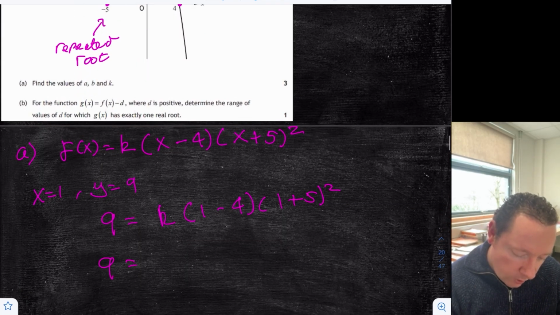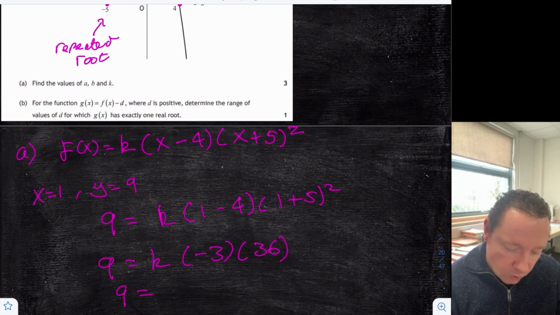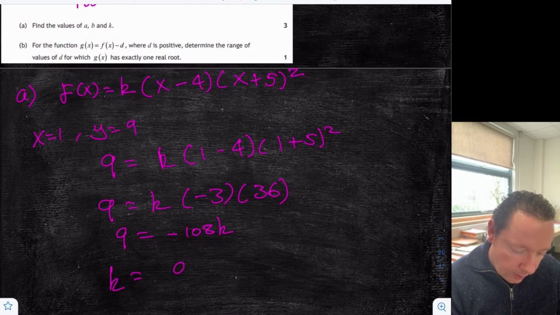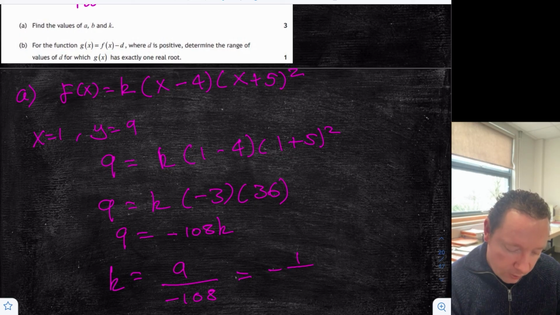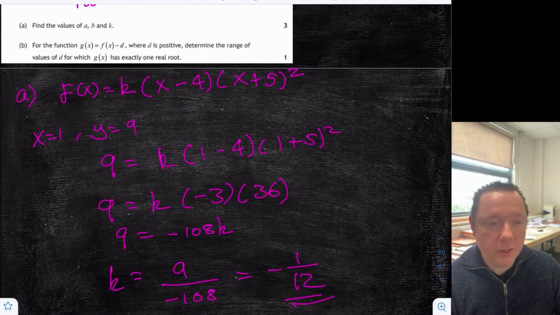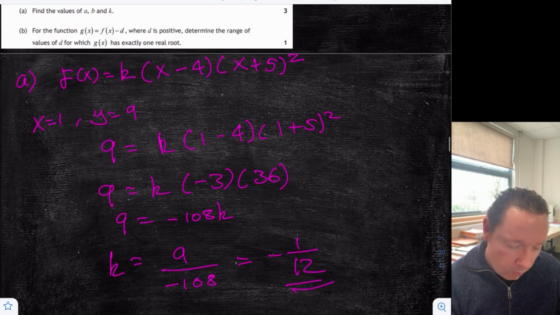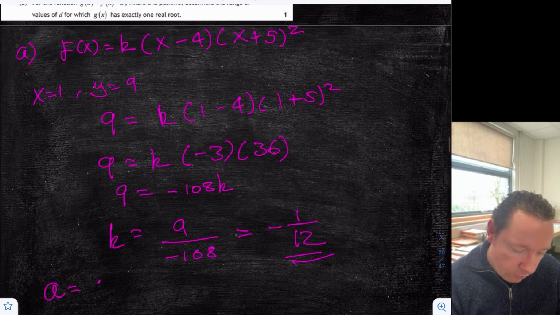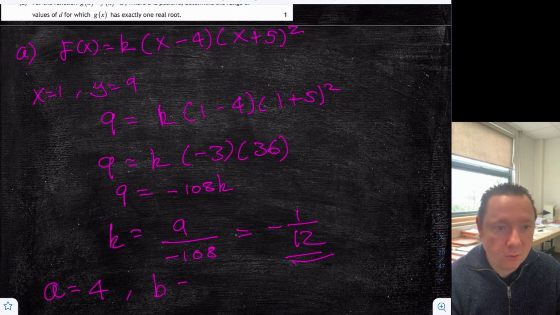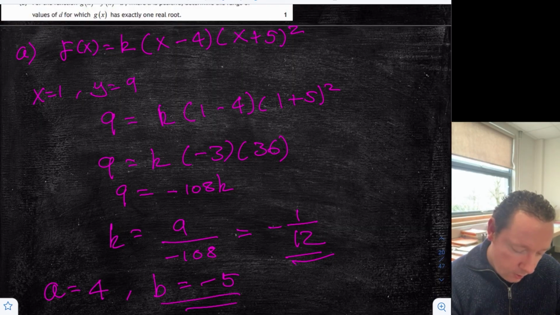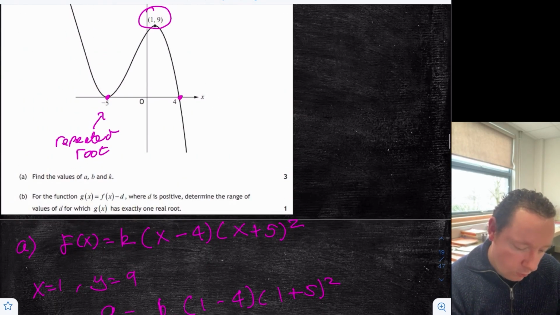So 9 equals k times minus 3, 1 plus 5 is 6, 6 squared is 36. So 9 equals minus 108k. So k is 9 over minus 108, which is minus 1/12. We've got a equals 4 and b equals minus 5, remember from our roots, 4 and minus 5.